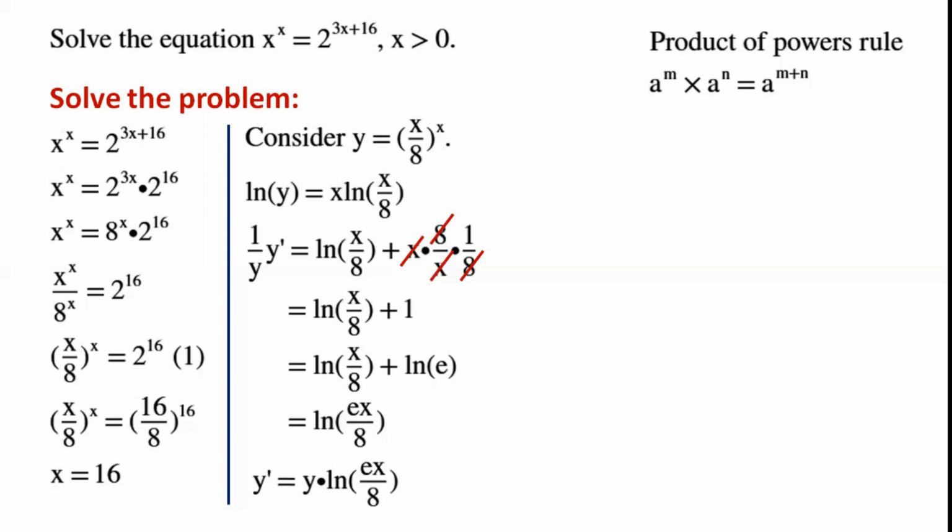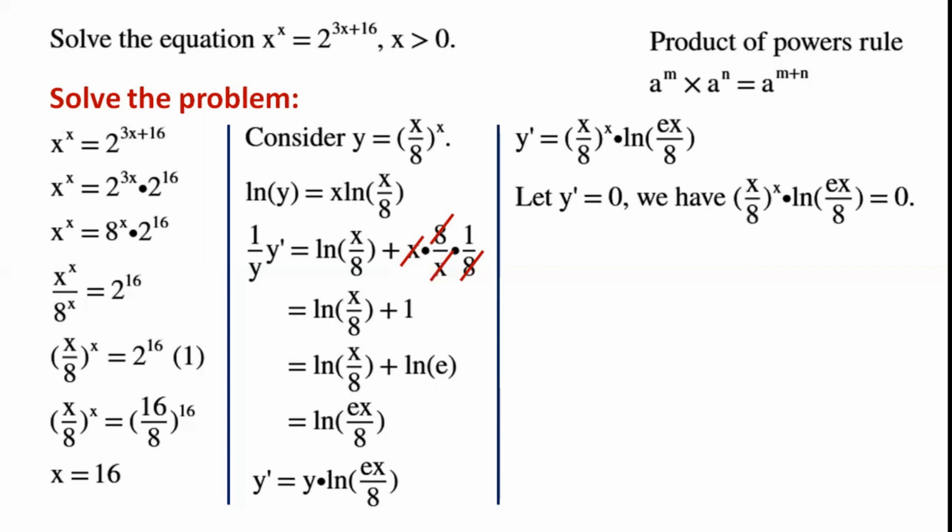By rearranging the equation, y dash equals (x over 8) all to the power of x times ln (e x over 8). Let y dash equal 0. We have (x over 8) all to the power of x times ln (e x over 8) equals 0.